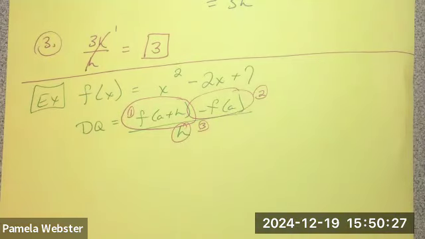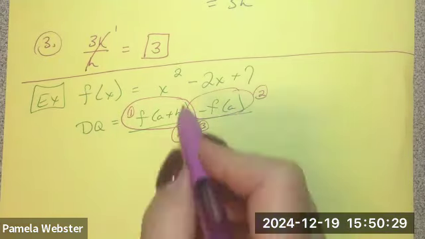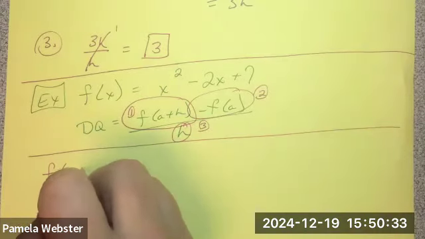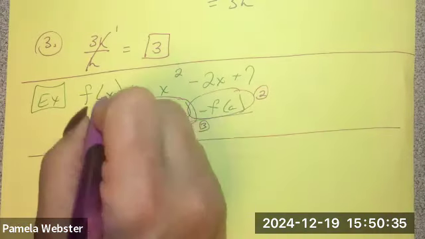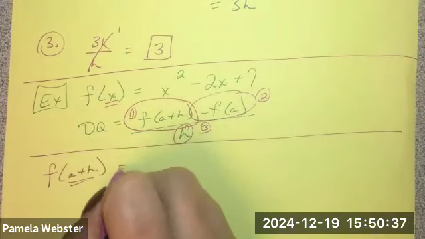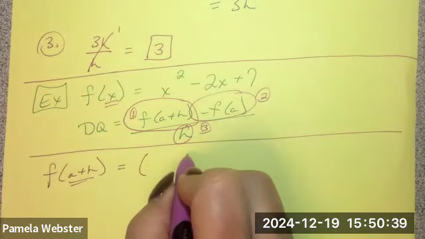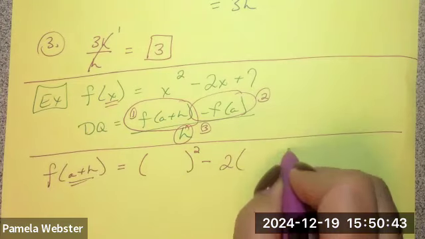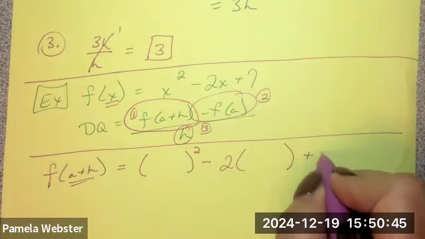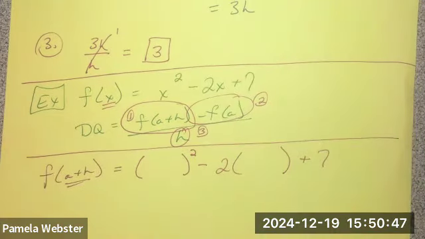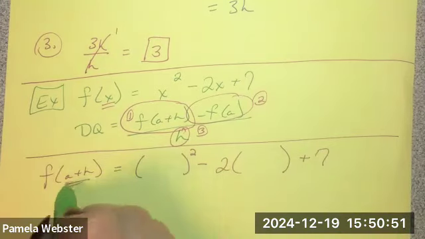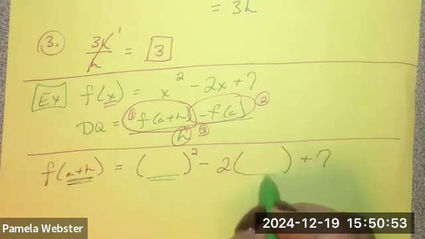Okay, so f of a plus h. But hang on a second. Whenever I go to put in f of a plus h, everywhere I see an x, there's a couple of spots here for the x, right? There's an x squared minus a 2 times an x plus a 7, right? So there's 2 different spaces here that I need to put that a plus h guy.